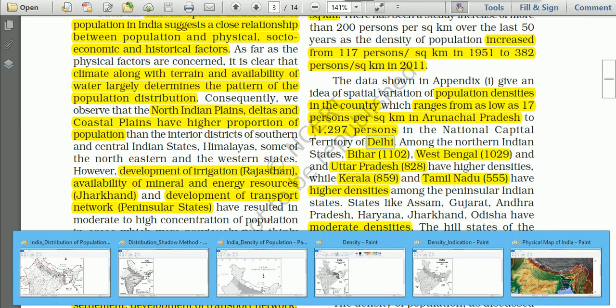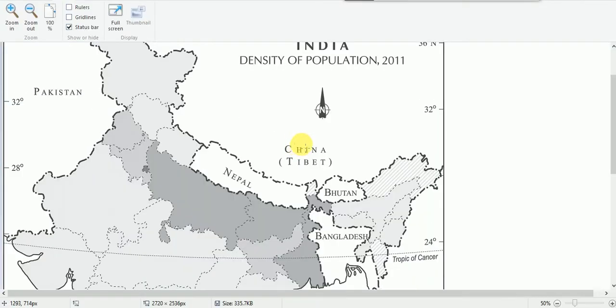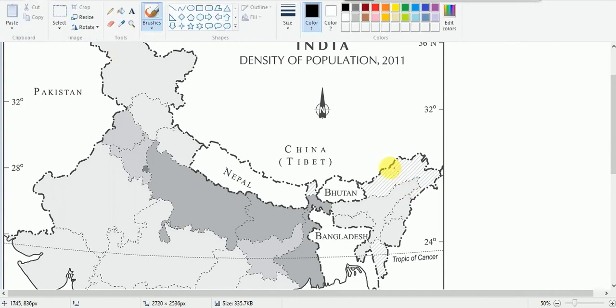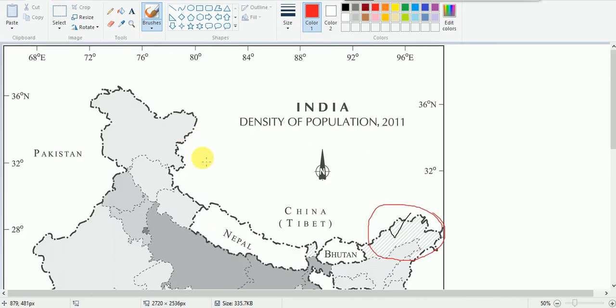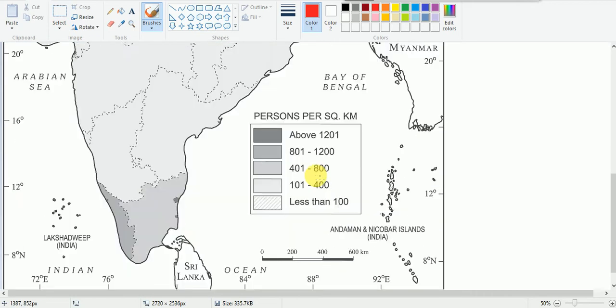So we may examine this population density map here. Arunachal Pradesh is here. This is the map showing the population density.